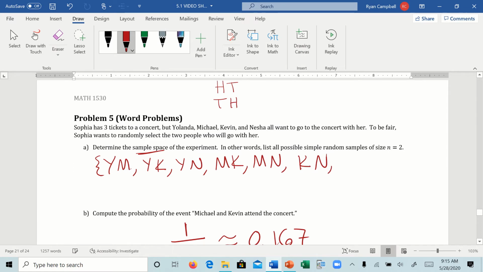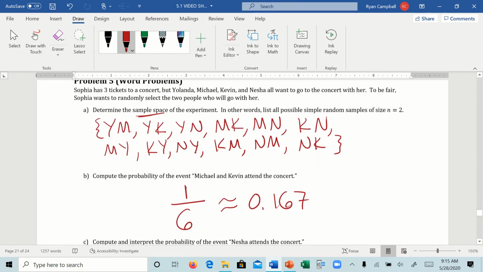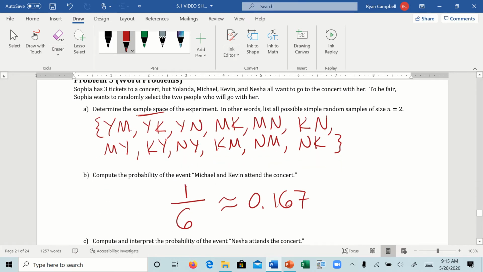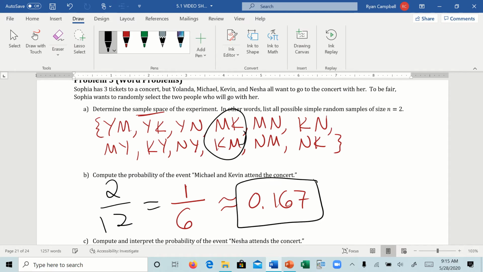We could also have Michael and Yolanda, Kevin and Yolanda, Nisha and Yolanda, Kevin and Michael, Nisha and Michael, Nisha and Kevin. But if you look, nothing changes, because for Michael and Kevin, we would get 2 of them out of a total of 12, which is the exact same answer.